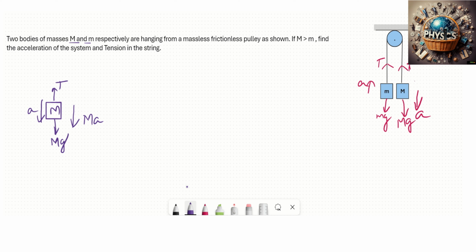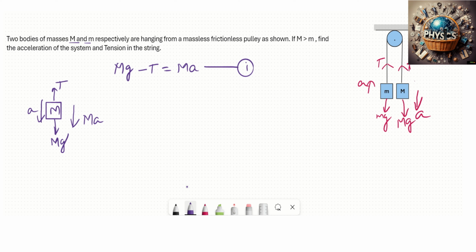Now, what is the resultant force that is causing this acceleration? That is nothing but this downward weight minus the tension force. So we write our first equation: Mg minus T is the resultant force responsible for the acceleration, which is nothing but your Ma. So this becomes our first equation.